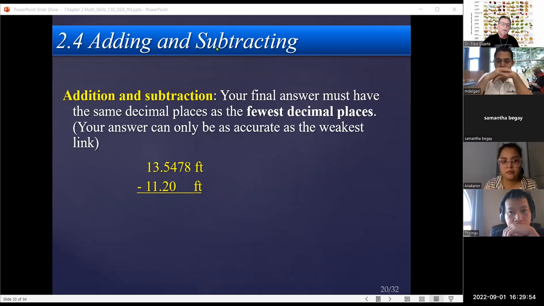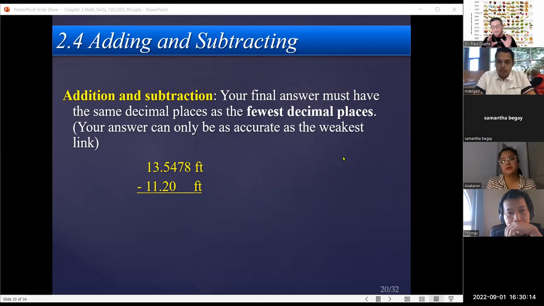Okay, what do we got here? All right. Yeah, the 11, exactly. The 13 wouldn't be the least accurate. The 13 has 4 decimal places. Okay. 4 decimal places. Whereas the 11.20 has two decimal places.